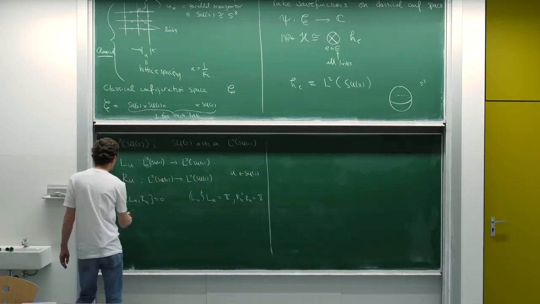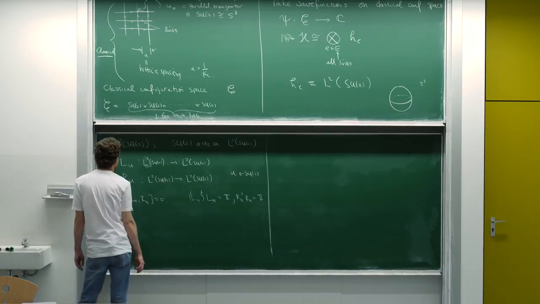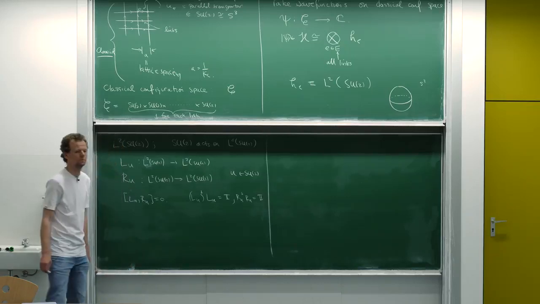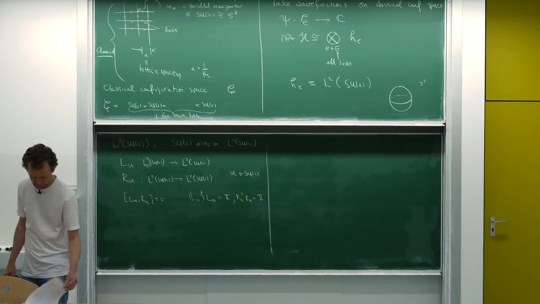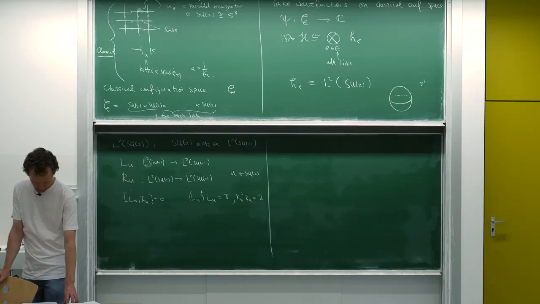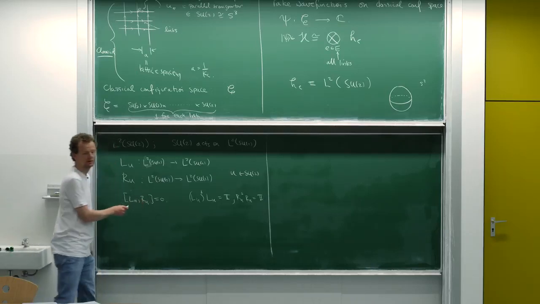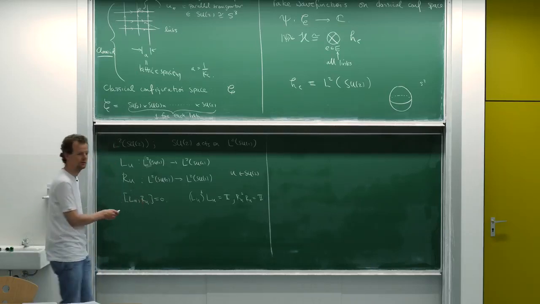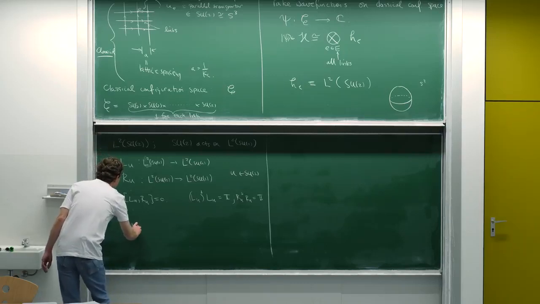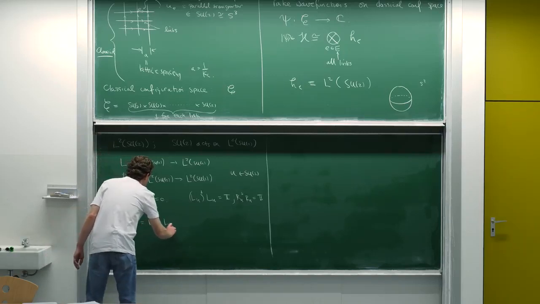I believe the way I set them up is that it really does form a representation. Actually, I think I didn't. Oh, no, I did. These operators were set up so that they give actual representations of SU2. So we also have that L_UV is the same as L_U times L_V.